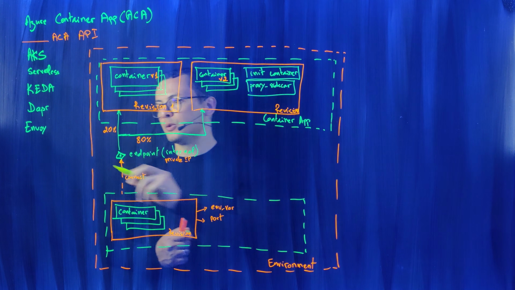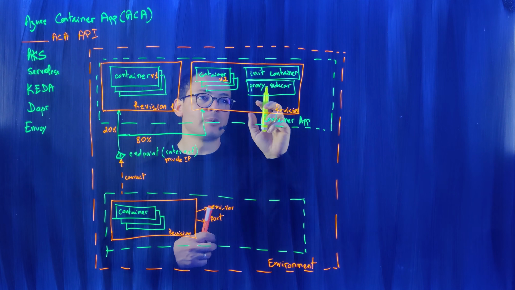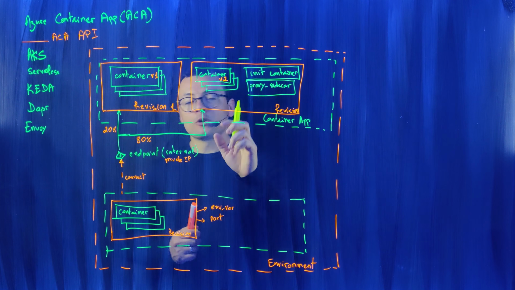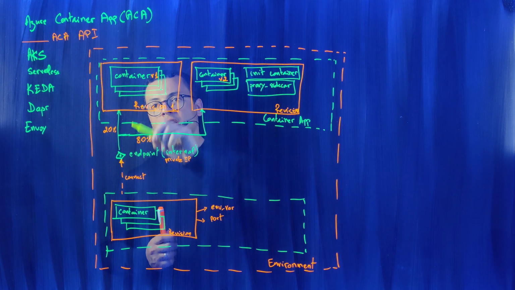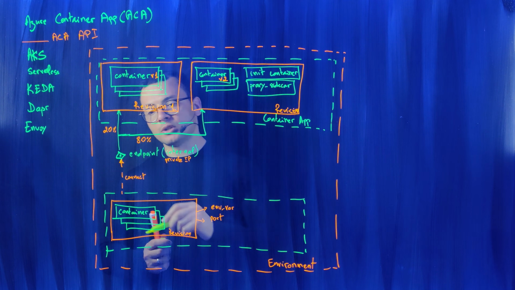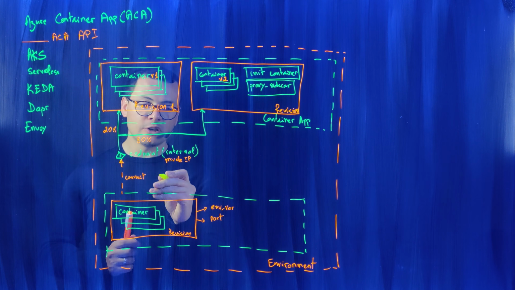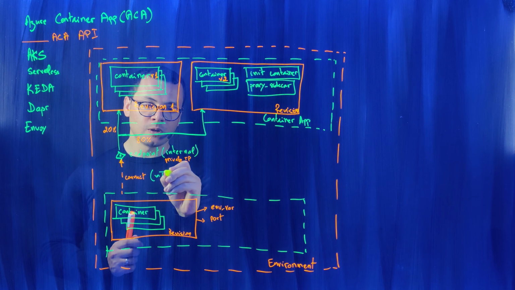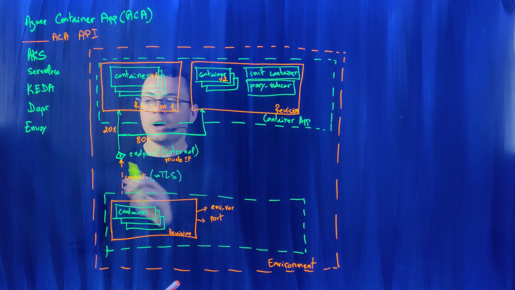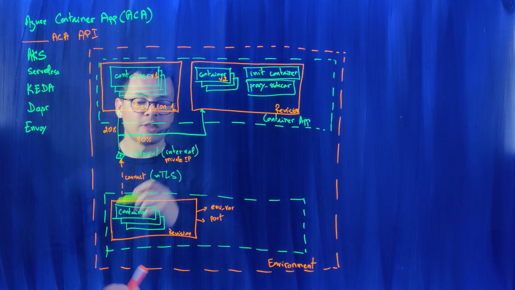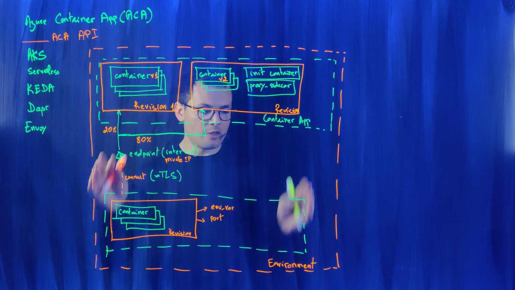If, for example, we are using traffic splitting, that could be done through the proxy sidecar. The proxy sidecar could also be used to have mTLS enabled for the traffic between the different containers. So this traffic from the front end to the back end could be enabled through mTLS, and we can have mTLS either with Dapr, or without using Dapr, so we just enable that feature.